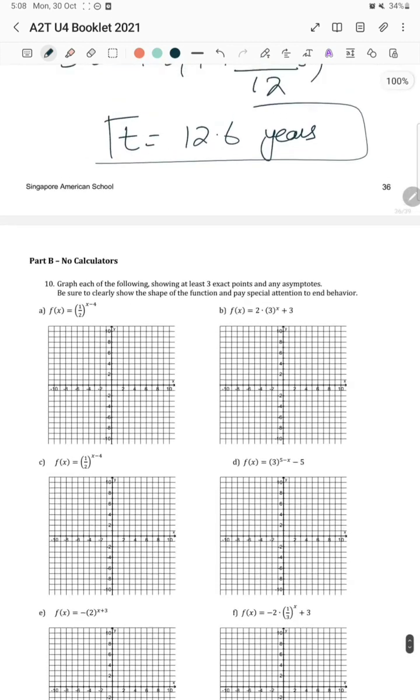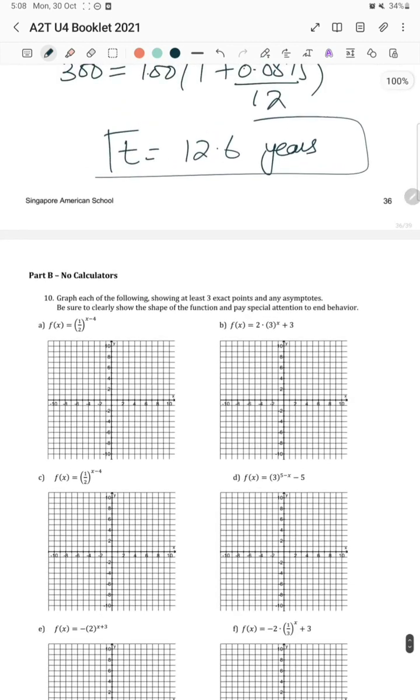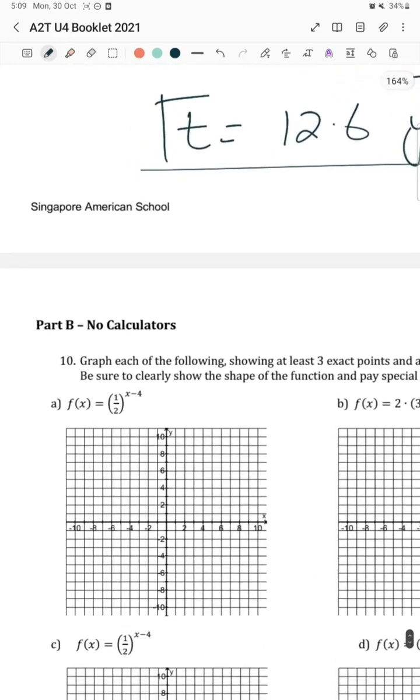Okay. Graph each of the following showing at least 3 exact points and any asymptotes. Be sure to clearly show the shape of the function and pay special attention to the end behavior. So f(x) is equal to (1/2)^(x-4). So we need to take any 3 points, and by taking the 3 points we need to show the graph over here.